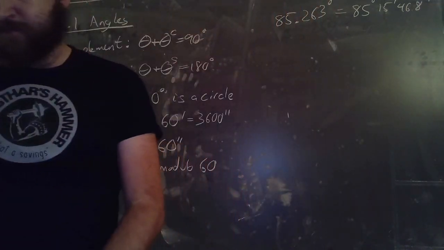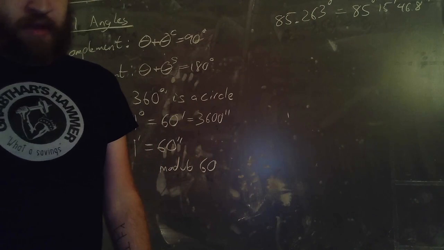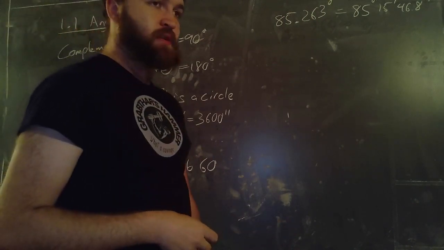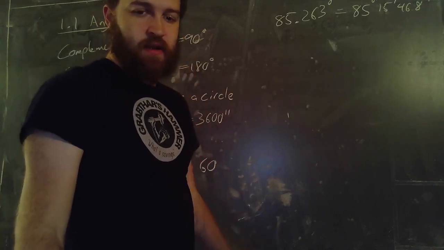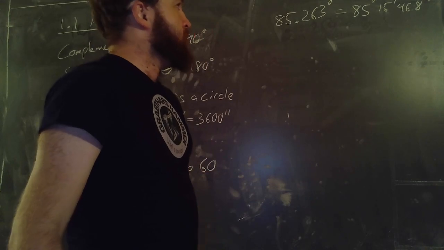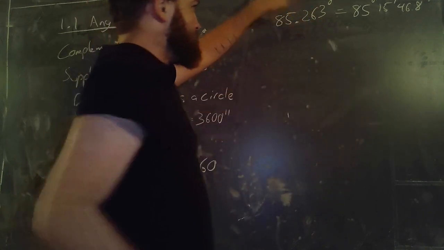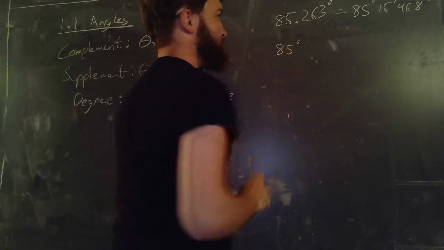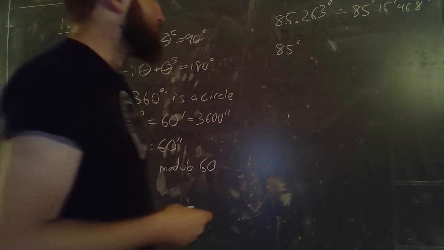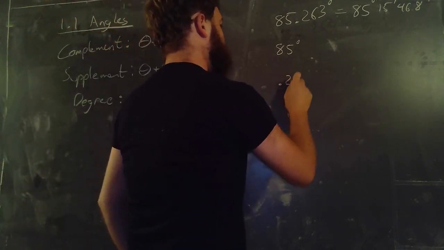representation. Now, if you don't like using the calculator for this, then it really actually is not all that bad to do the rest of it by hand. If we wanted to do this by hand, what we're going to do is the degree number will just be the degree number in the final answer. So what we really want to work with is 0.263.